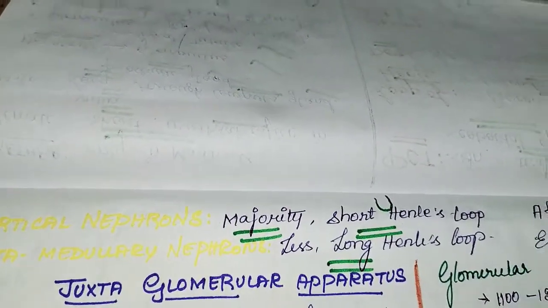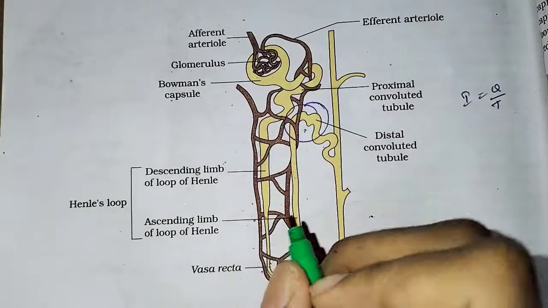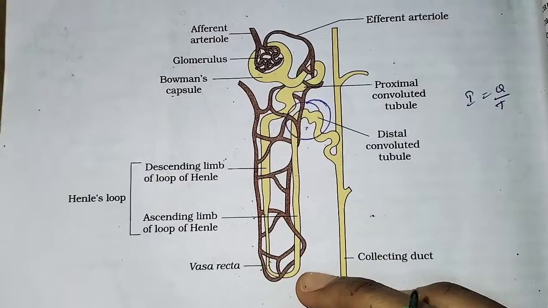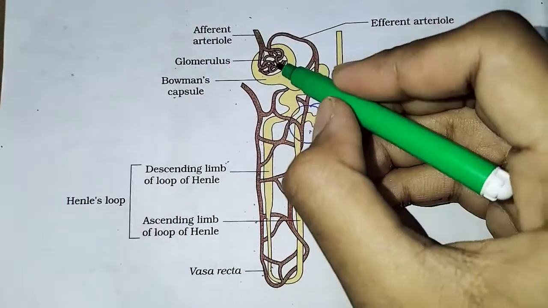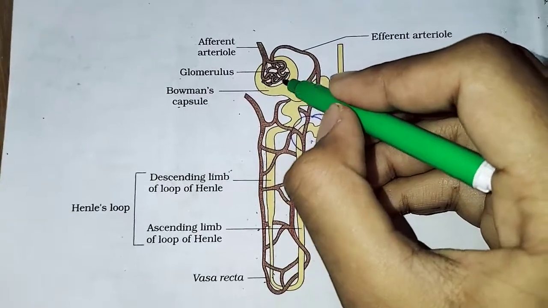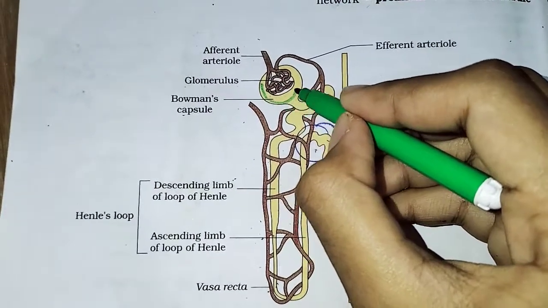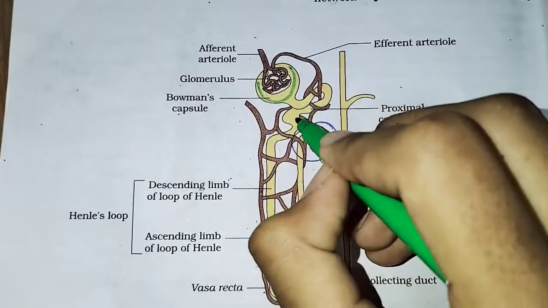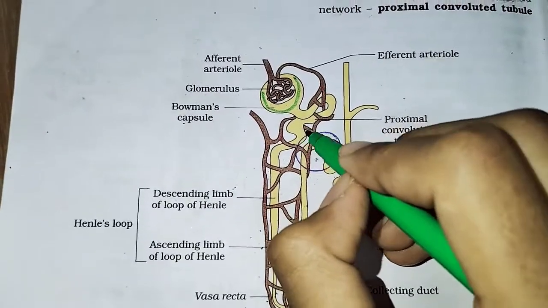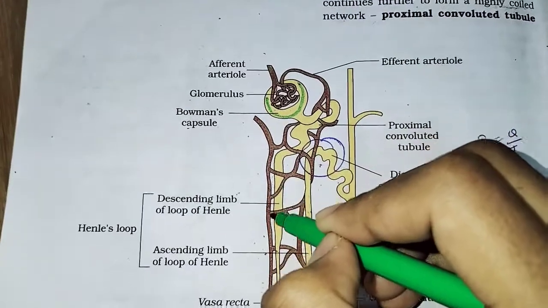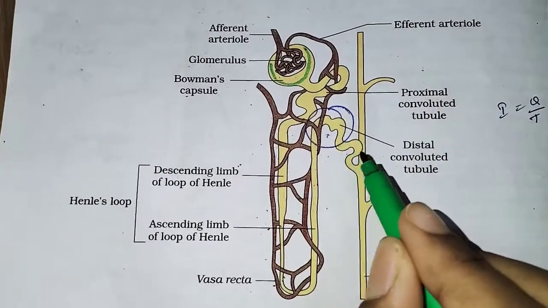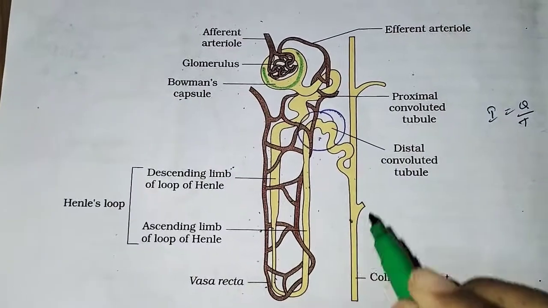Okay, now let's go to the picture. See this picture. This is our nephron, the functional unit of our kidney, and this is, as I told you, the tuft of capillaries. The afferent arteriole forms the glomerulus, and the Bowman's capsule starts the renal tubule. Then we have the complicated proximal convoluted tubule, then the loop of Henle forms, then the distal convoluted tubule, and this is the collecting duct.